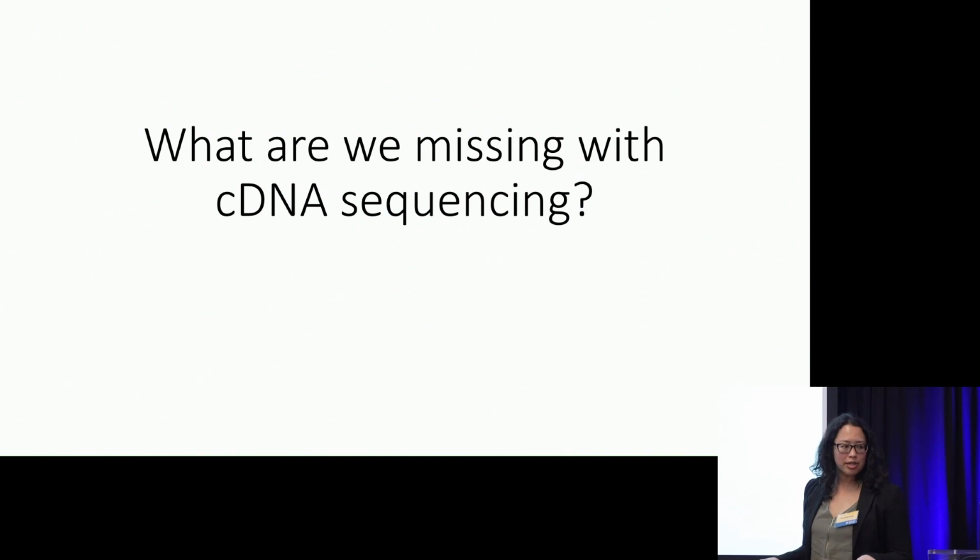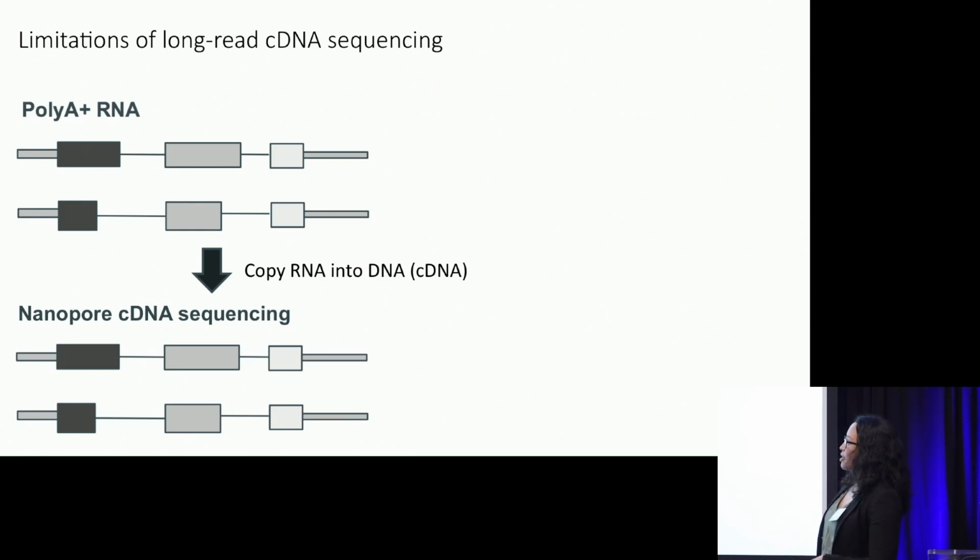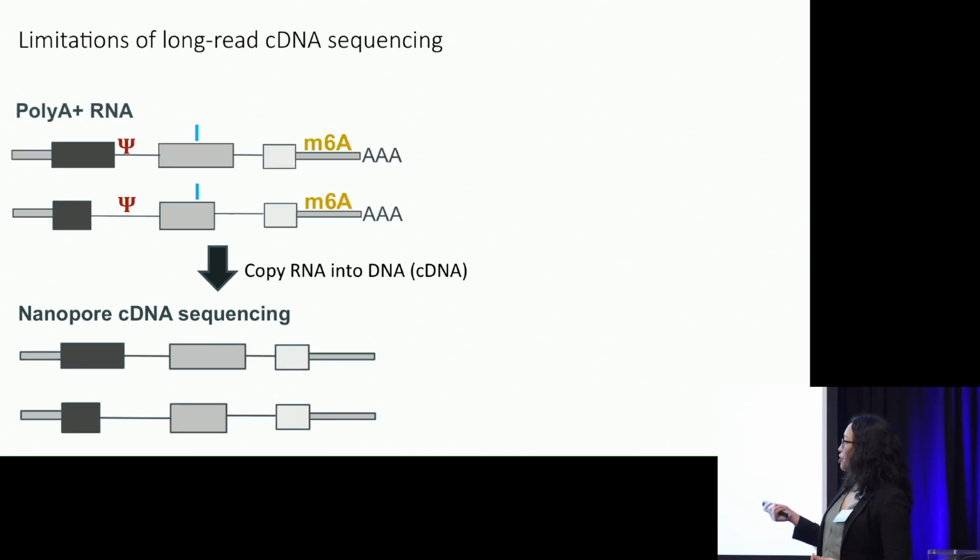Okay, so why would we want to sequence RNA directly, and what are we missing still from the cDNA sequencing? So I'll go back to this diagram I showed earlier, which is usually with Nanopore cDNA sequencing, all the work that Cameron described, we get a lot of information because we're getting the full transcript. But unfortunately, we have to copy the RNA into DNA. But actually, RNA can be modified.